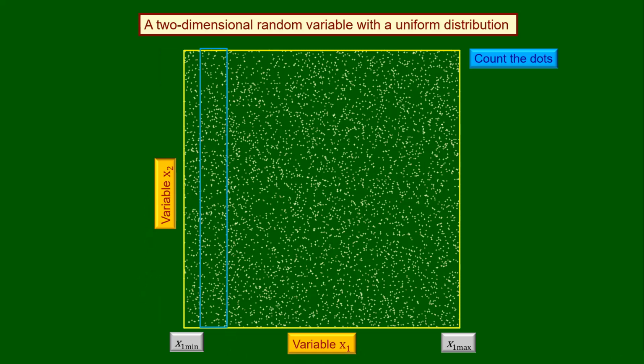Now, if I want to get the probability distribution of x1, I can move along the x1 axis here, and in each one of these rectangles I can count the dots. And this tells me about the propensity for the random variable to fall within this interval of x1. And this is telling me something about the random variable x1.